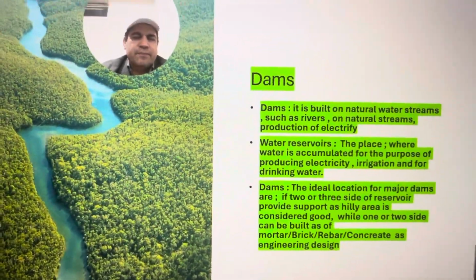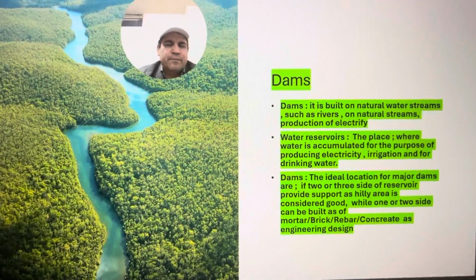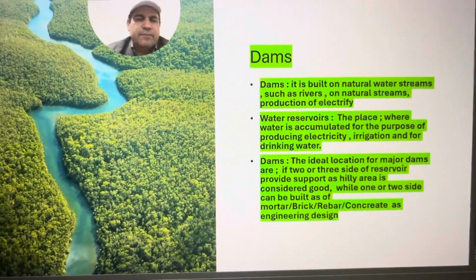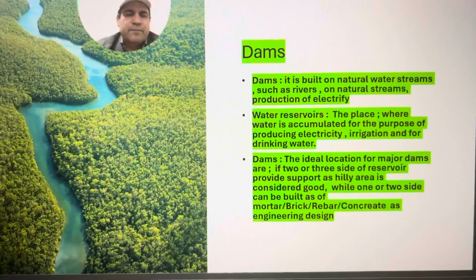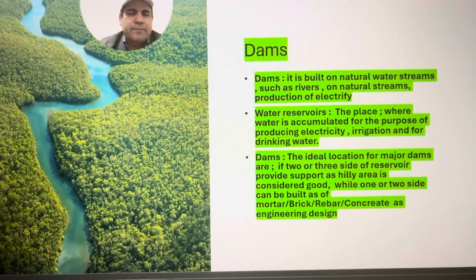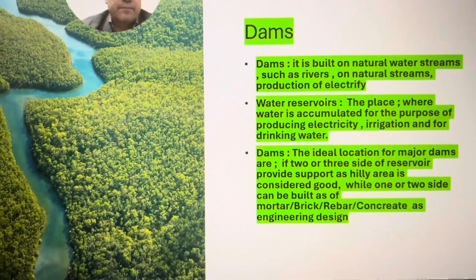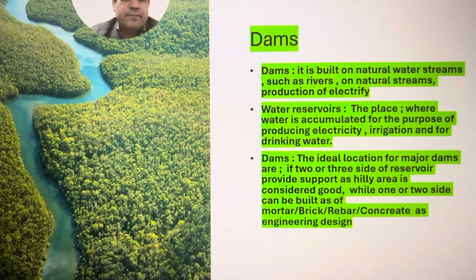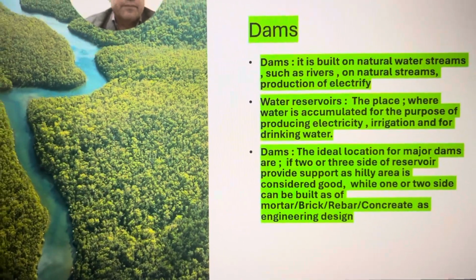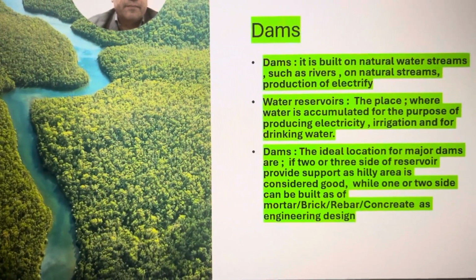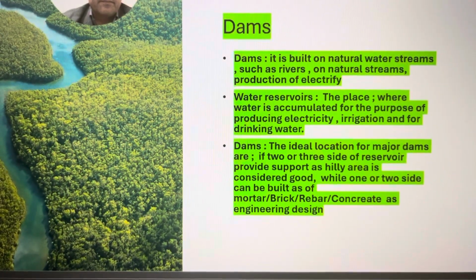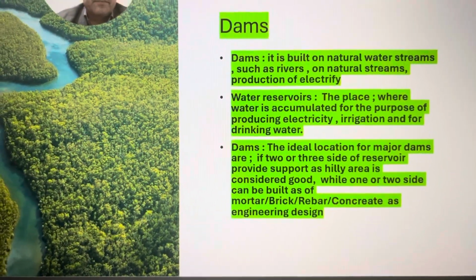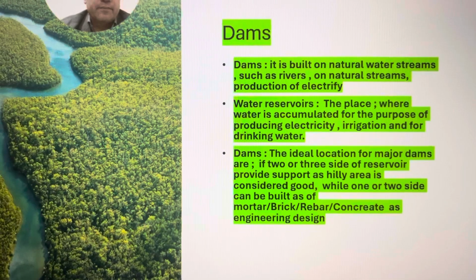Here is the main thing I want to discuss with you: dams. A dam is built on a natural water stream such as a river, for the production of electricity. A water reservoir is the place where water is accumulated for the purpose of producing electricity.